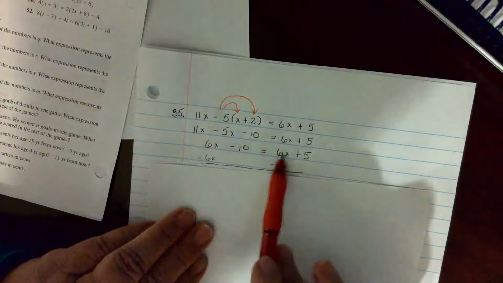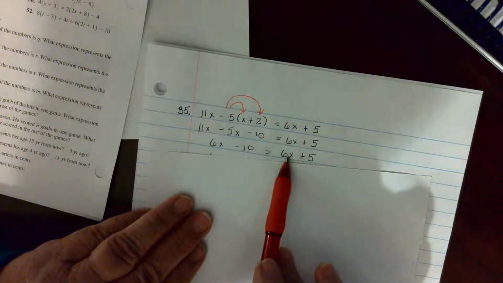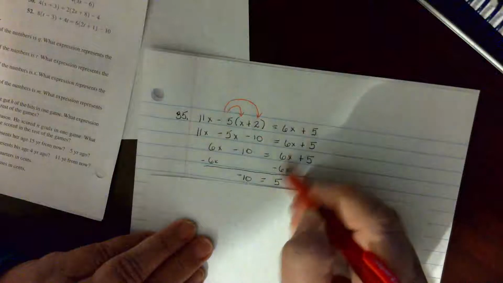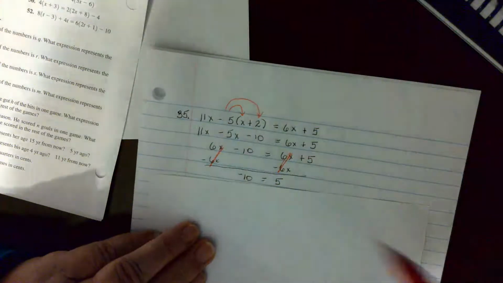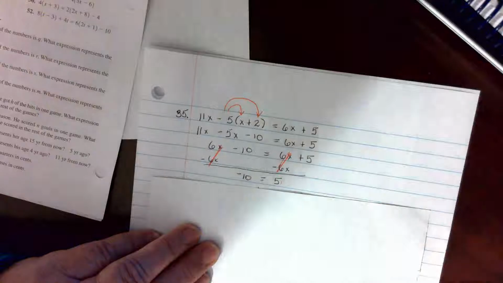Now I'm going to subtract this 6x because I want to get the x's off of this side from both sides. Well, when I do, not only does this zero out, but this also zeroes out. And I end up with a statement that has no variables in it. So here's the rule.